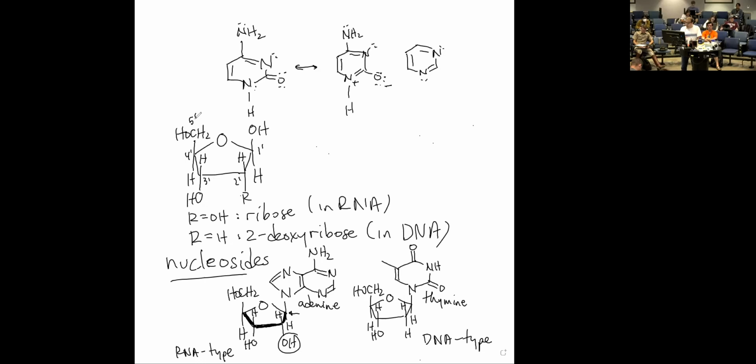The reason they put the primes on is because the nitrogen bases themselves also have a numbering system to the heterocycles. I don't expect you to know them, but all of those atoms also have numbers, 1, 2, 3, 4, 5, whatever. So they need to put the primes in to draw attention to the fact that they're talking about the ribose ring, not the ring of the nitrogen base. So that's why they do that.